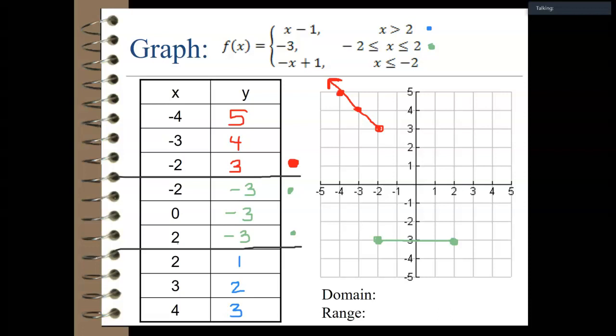At (2, 1), it is an open circle because its x value is greater than 2. And this has a positive slope, so once again, my line is increasing infinitely.